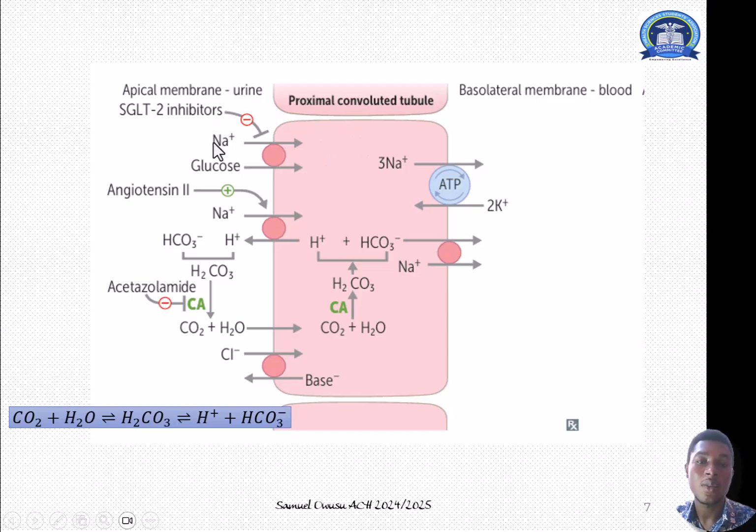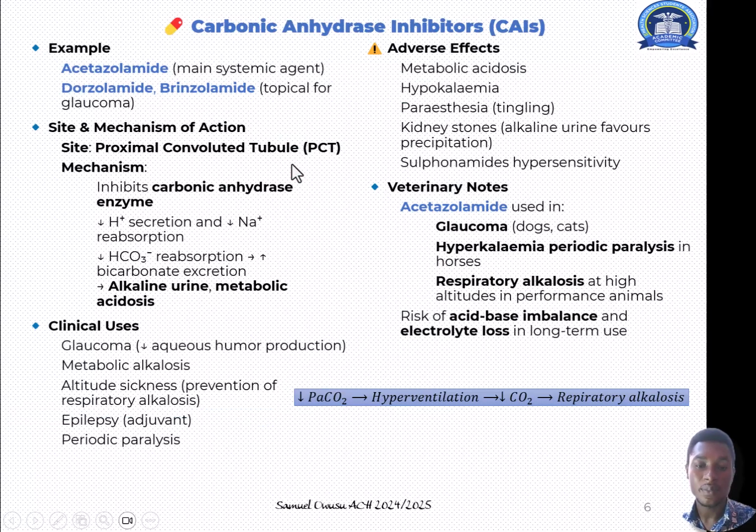There is a sodium glucose channel, and SGLT2 inhibitors, which are used in the management of diabetes, tend to act here. So what I said was that there is decreased H plus secretion and decreased sodium ion reabsorption, and they tend to decrease bicarbonate reabsorption and increase bicarbonate excretion. That is what it all means, whatever I explained.